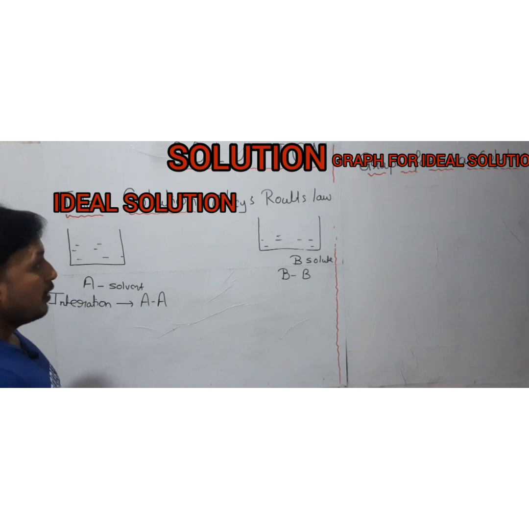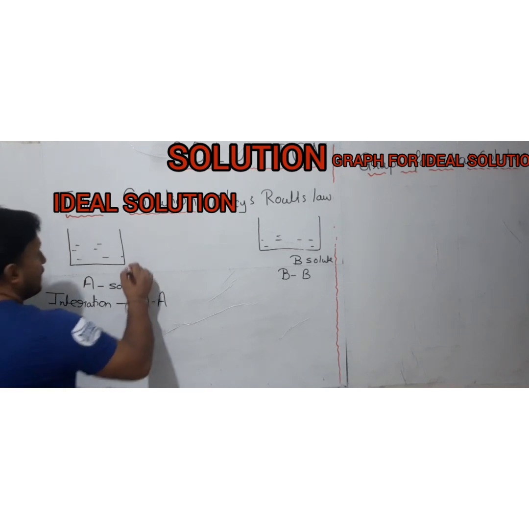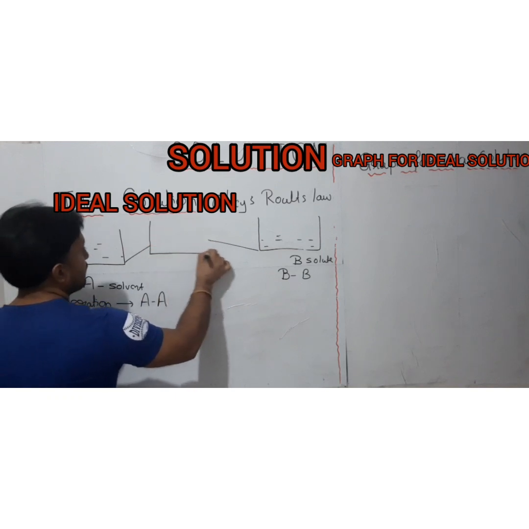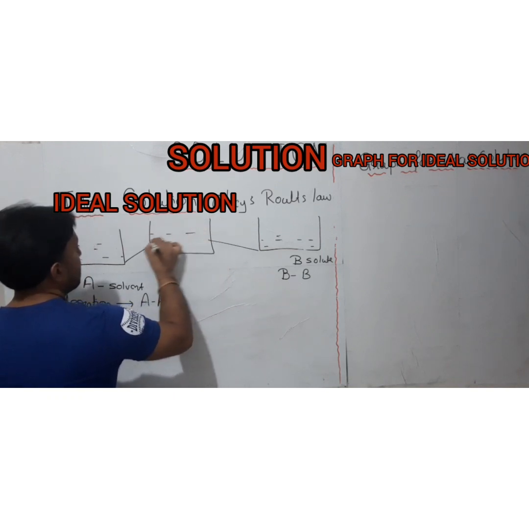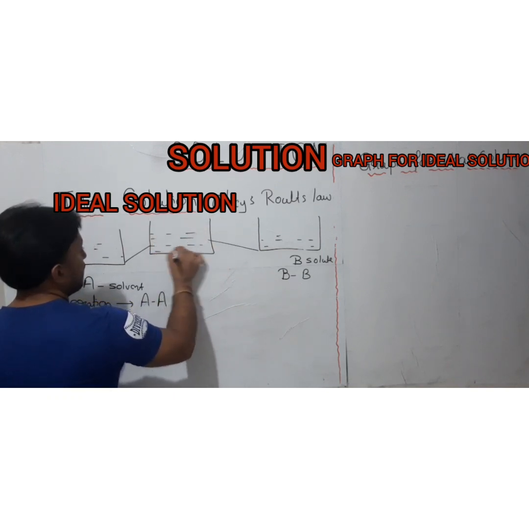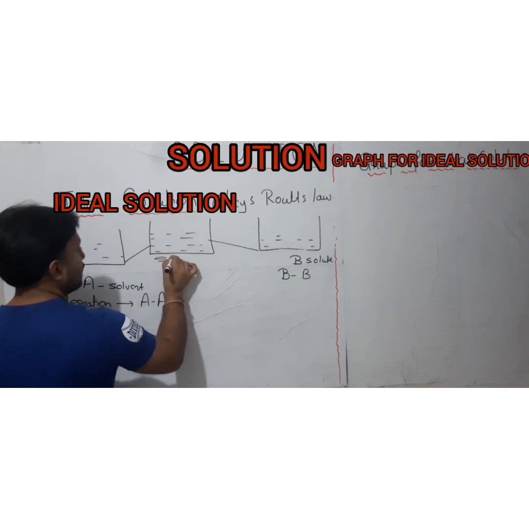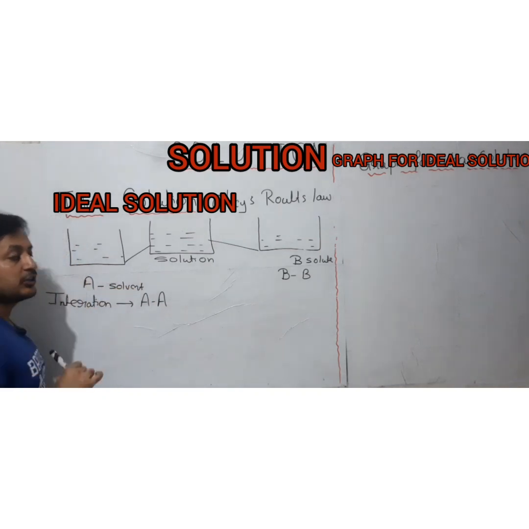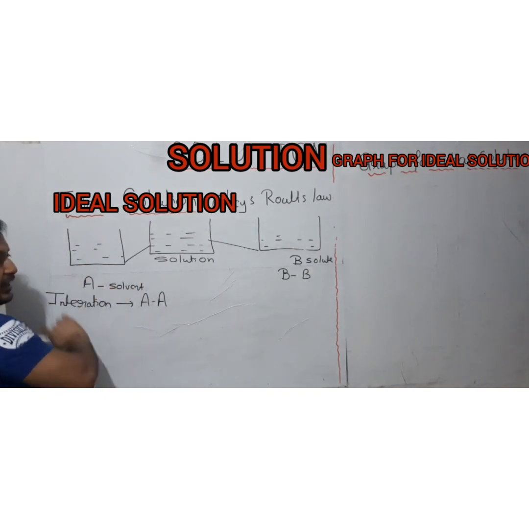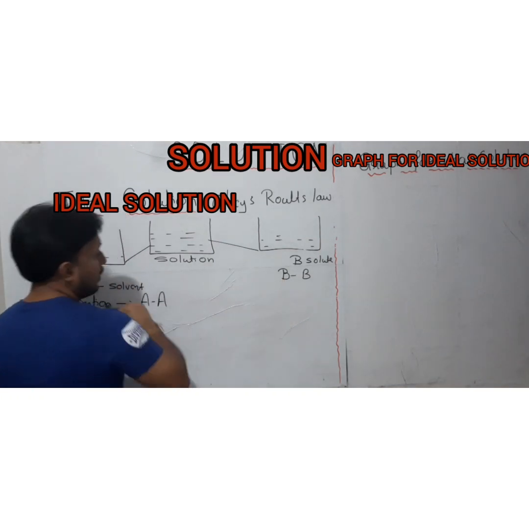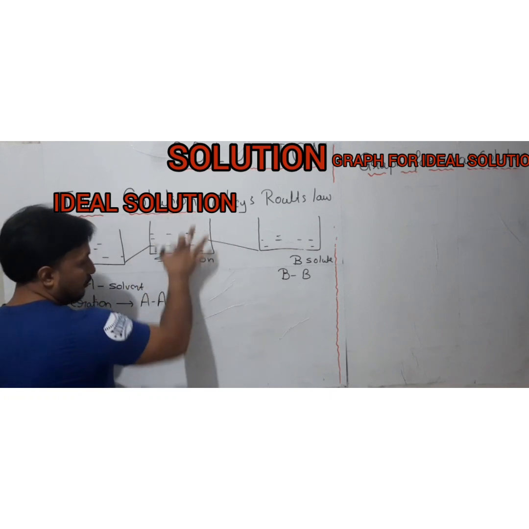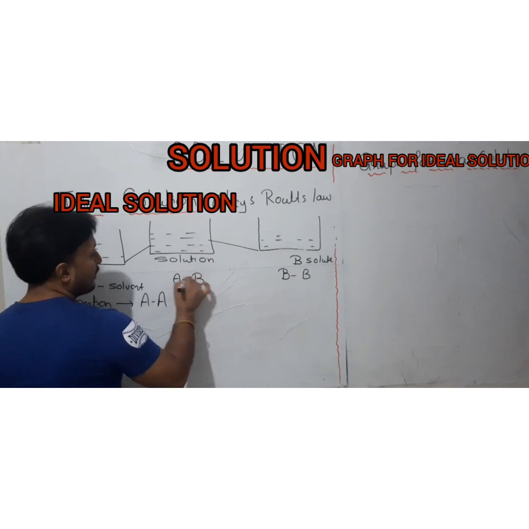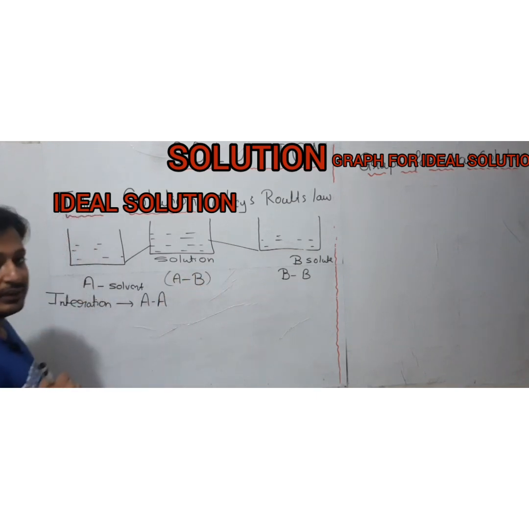Now when you prepare a solution by using these components, A and B, a new kind of interaction will arise, because in pure state it is A and A, B and B, but when they interact with each other and form a solution, an interaction of type AB is now going to be present.